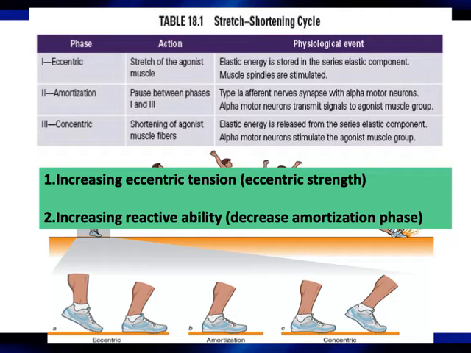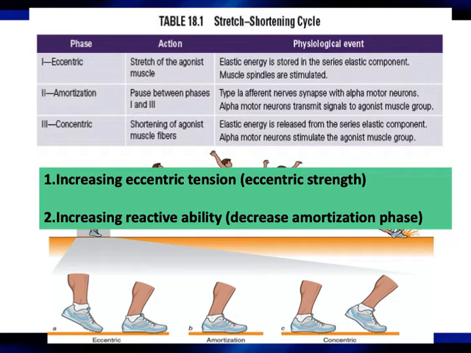The type 1A afferent nerves synapse with alpha motor neurons. The alpha motor neurons transmit the signal to the agonist muscle group. The third phase is the concentric contraction, which is the shortening of the agonist muscle fibers, where the elastic energy is released from the series elastic component. The alpha motor neurons stimulate the agonist muscle group.